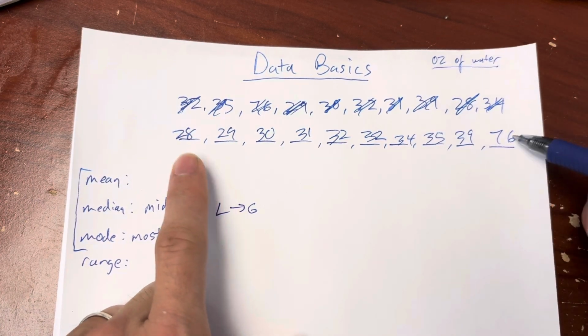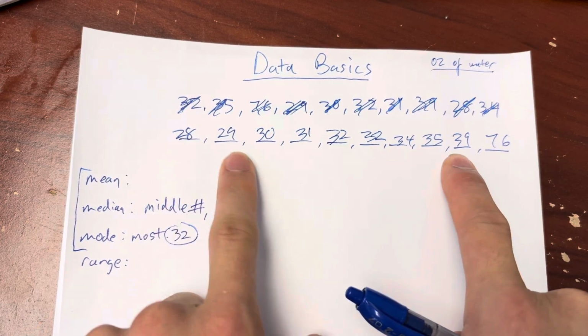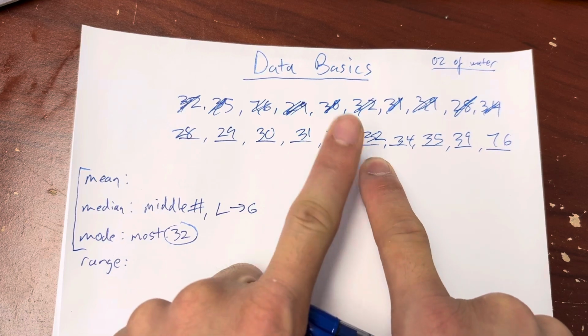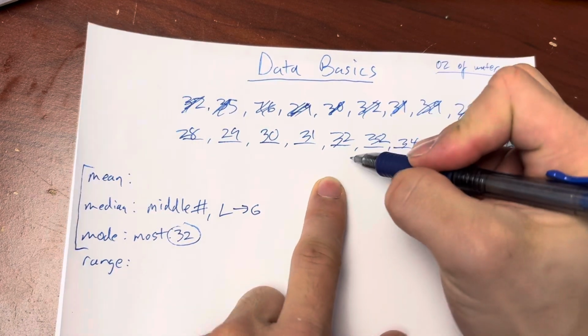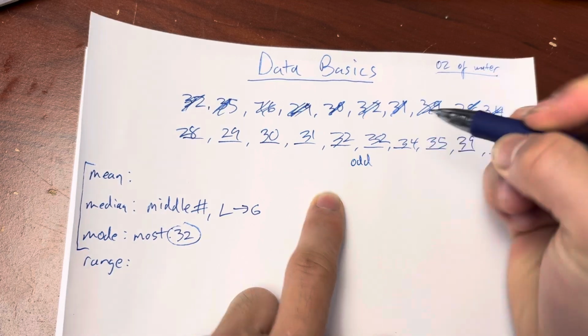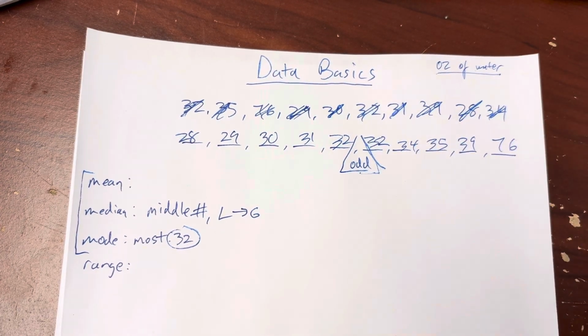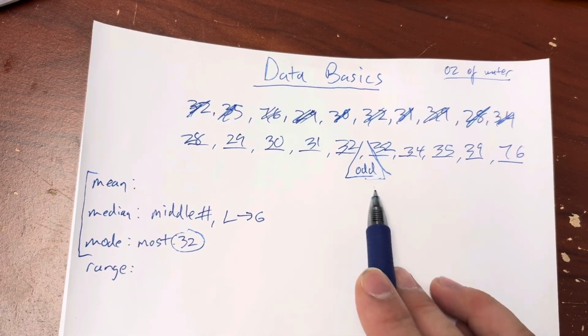So it's counting towards the center: 76, 28, 39, 29, 35, 30, 34, 31, 32, 32. Usually, if it's odd, then it's the number that's right in the middle, okay? But because it's even, we take the average of these two middle numbers to figure out the median.